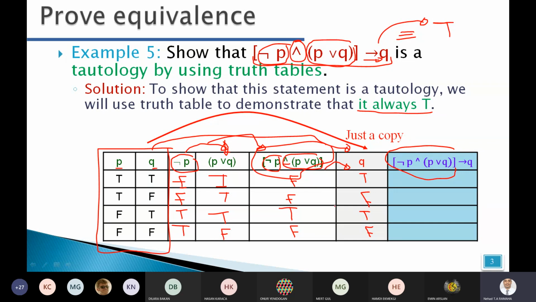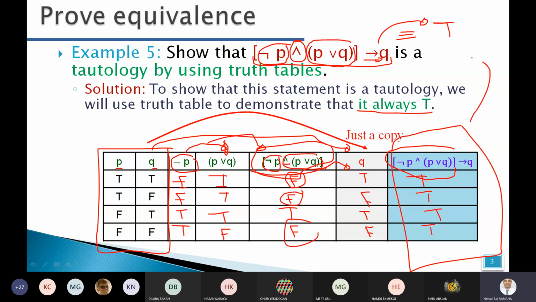Do I have any case where both are true? Yes, this one, both true, the result is true. And it says, if the first side is false, the result is true. This is false, then the result is true. This is false, then the result is true. If you look here, all the results are true. It's always true. Then it's a tautology.